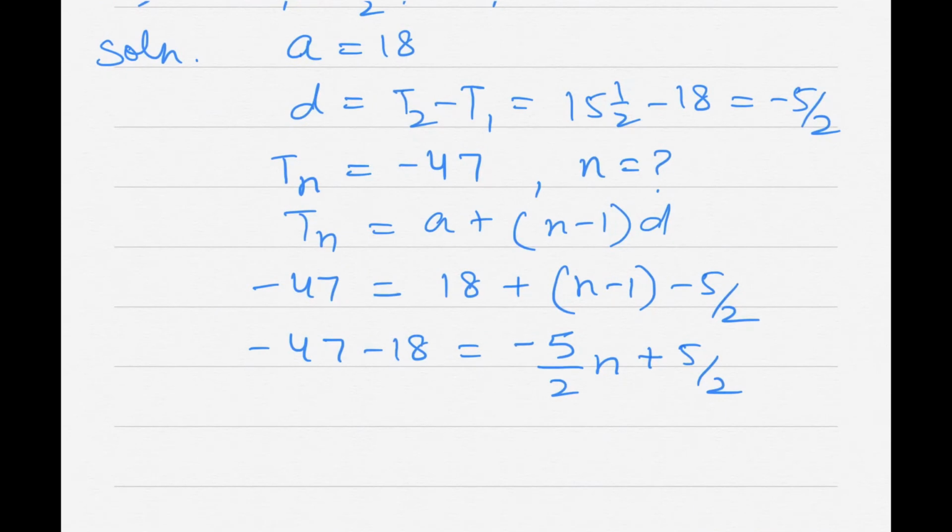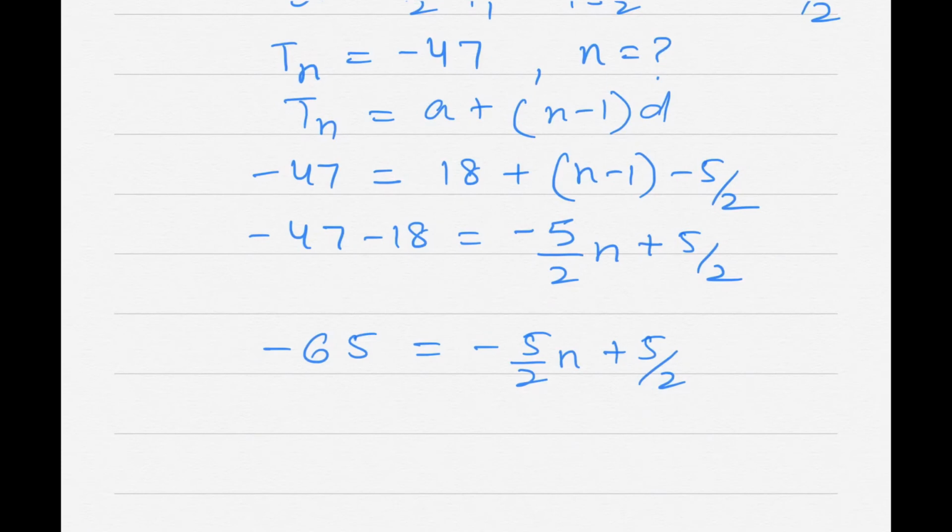Now this becomes minus 65, which is equal to minus 5 by 2n plus 5 by 2.